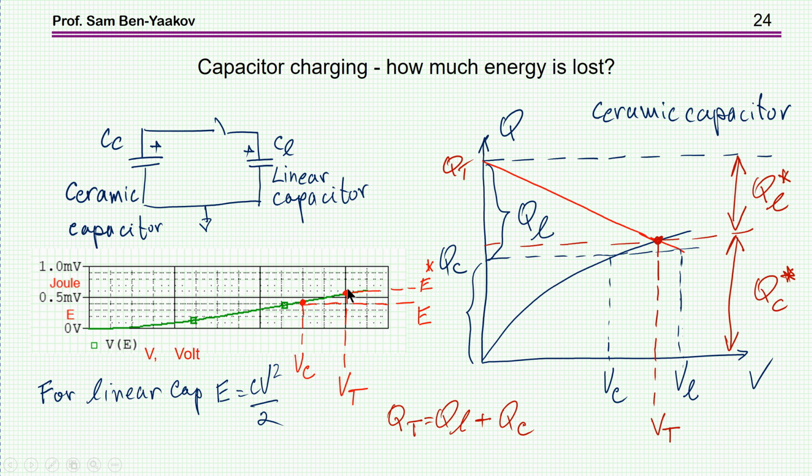So this will be here. So in this case, the nonlinear capacitor has gained some energy. Obviously, the linear capacitor lost some energy, and of course, by looking at the sum of the energy to begin with and the sum of the energy at the end, we can find out how much energy has been lost. So this would be an easy way to figure out this problem.